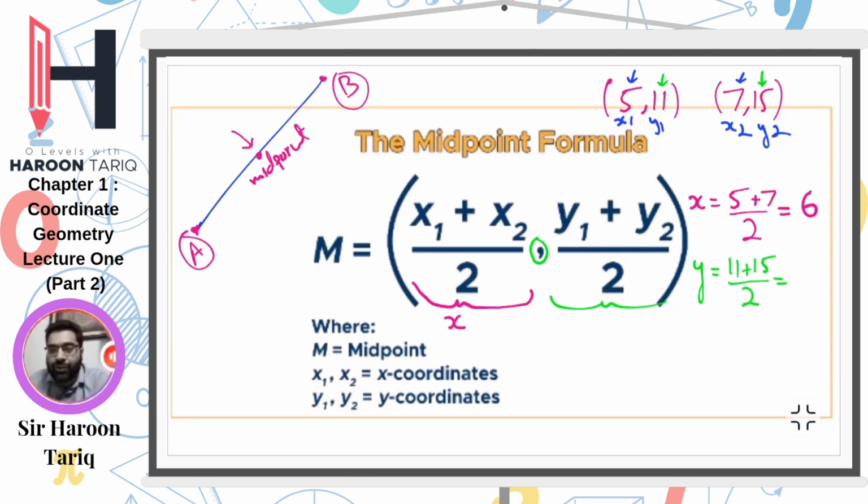And 26 divided by 2 would be 13. So I have my y coordinate and I have my x coordinate. So the midpoint here, first write the x coordinate. I'm just replacing the x coordinate on this side, 6. Then we have a comma in the middle. Then we have our y coordinate, which is 13. Done. This is how you find midpoint.